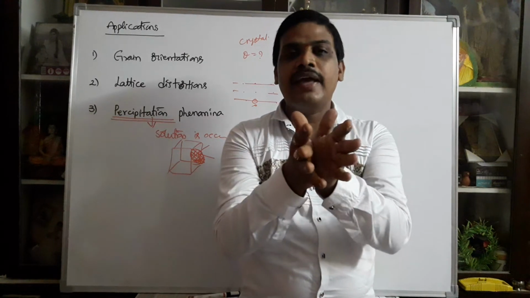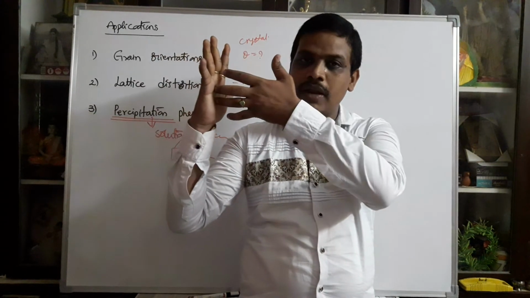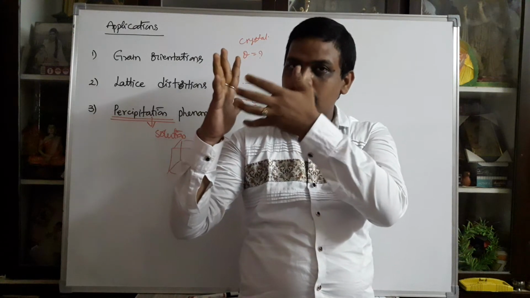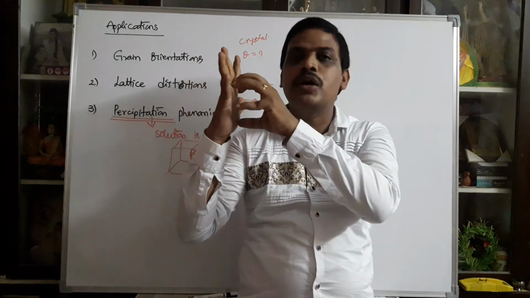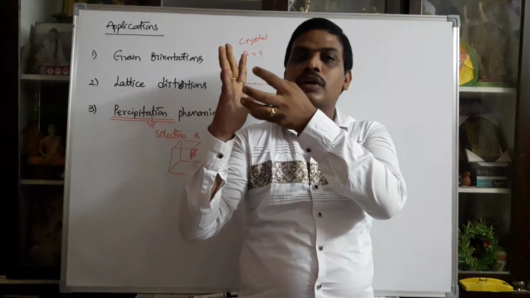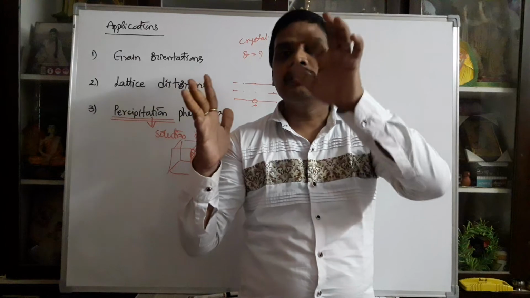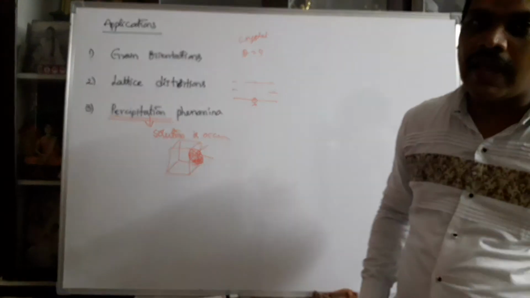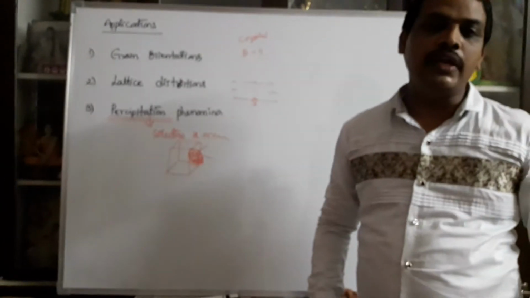The diffracted X-rays are collected on the photographic plate. On the photographic plate, the X-rays appear as spots or fringes. The collection of fringes is in the form of concentric circles with a central spot. The central spot is the undeviated X-ray, which has large intensity.